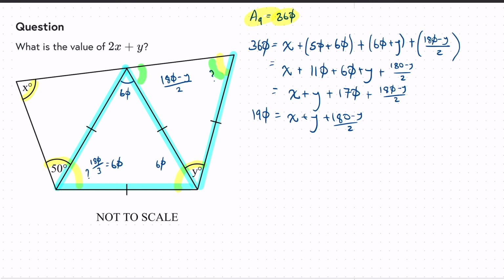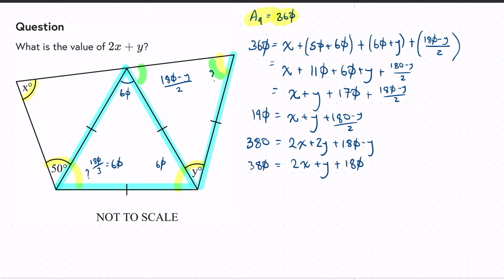Now what I'm going to do is multiply each side by 2 to get rid of this divided by 2 in that equation. So 380 is equal to 2x plus 2y plus 180 minus y. 2x plus 2y minus y is y plus 180.